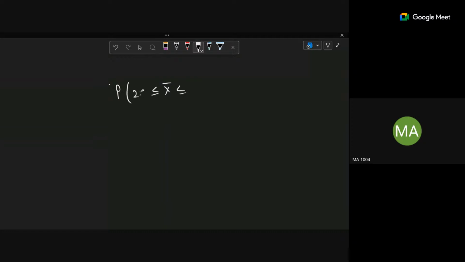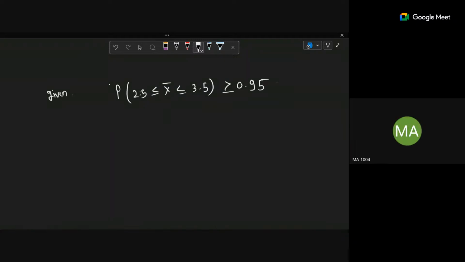The probability that it's lying between 2.5 and 3.5 is more than 0.95. This is given. And we are asked for the minimum value of n.